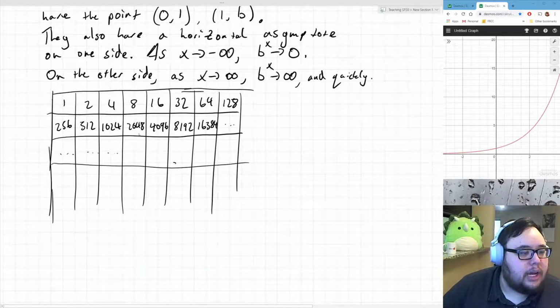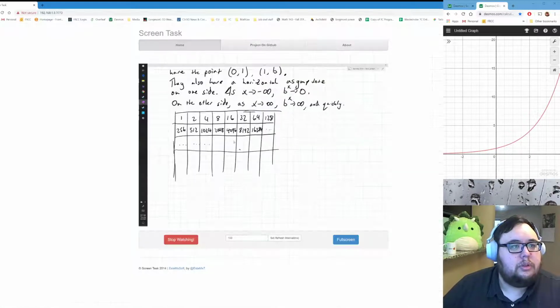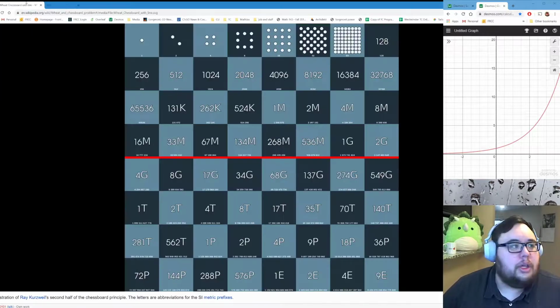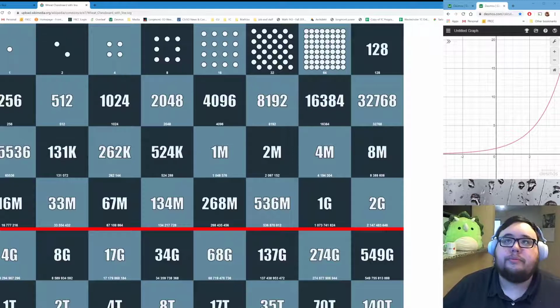And it turns out that if you do this for a while, then the growth ends up looking like this. So by the time you get halfway down the chessboard, this 2G stands for the SI prefix 2 billion.